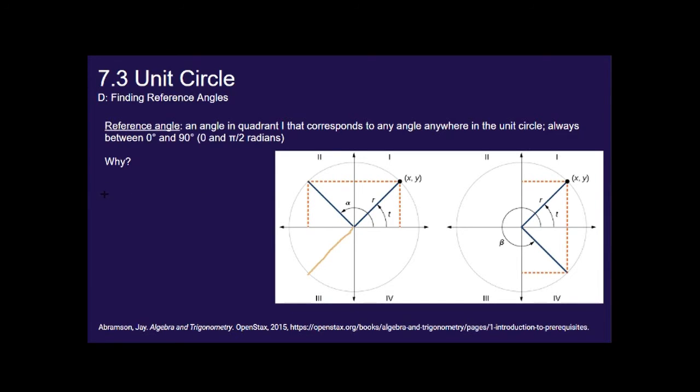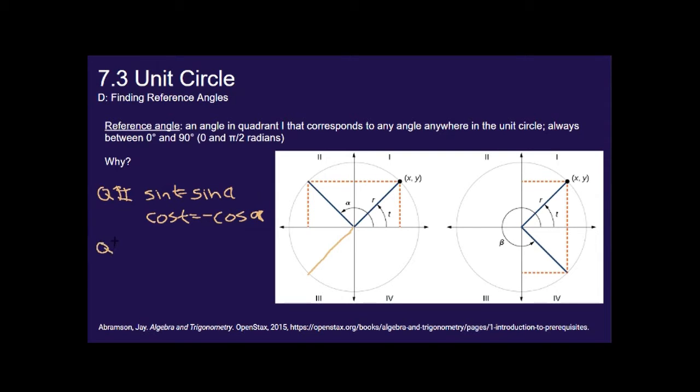The way we can summarize this is: for angles in quadrant 2, the sine of t is equal to the sine of alpha, if we're calling alpha our original angle and t our reference angle. And at the same time, the cosine of t is equal to the negative cosine of alpha.